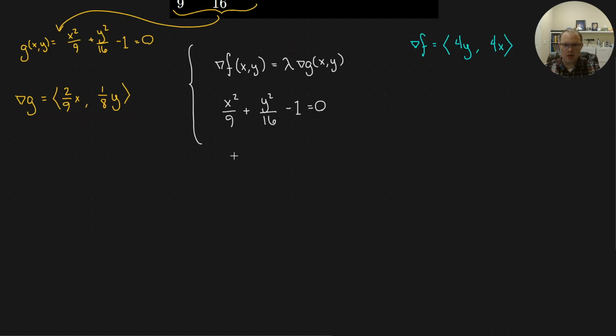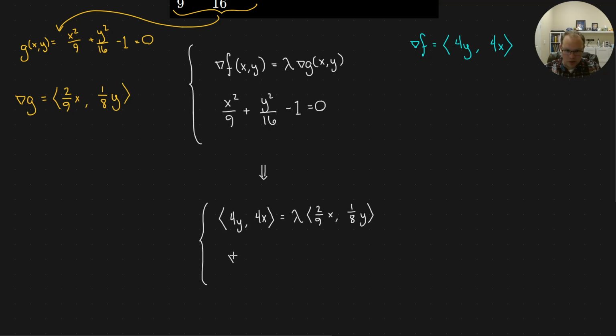So that means our system of equations becomes: gradient of f, which is (4y, 4x), equals my Lagrange multiplier lambda times the gradient of g, which is (2/9 x, 1/8 y).